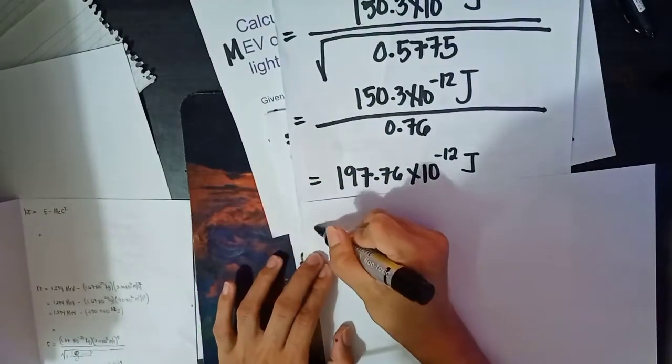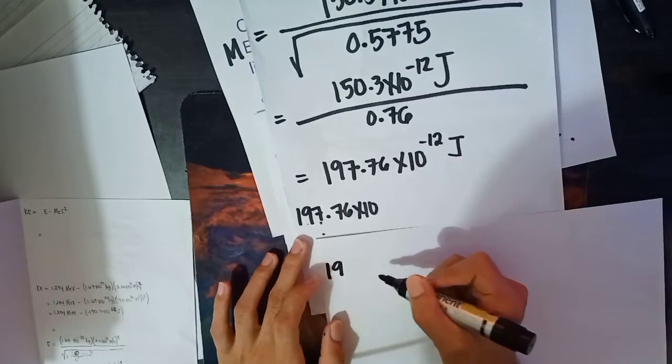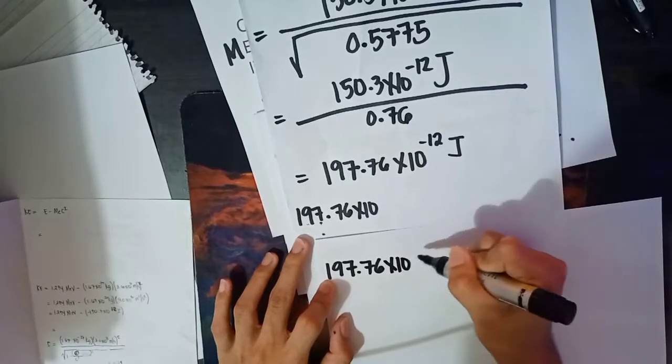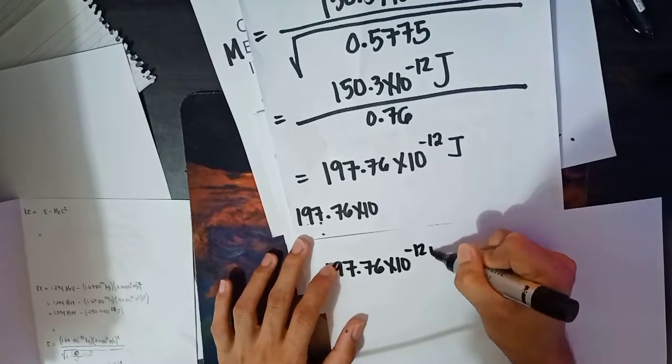So we have here 197.76 times 10 raised to the power of negative 12 joules.